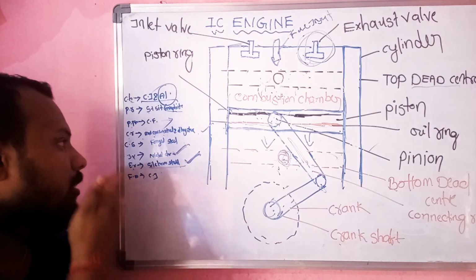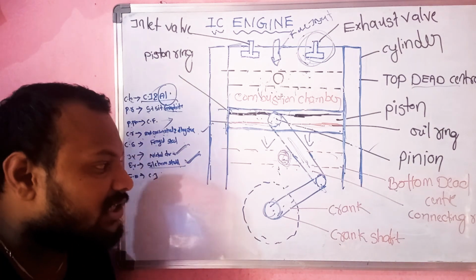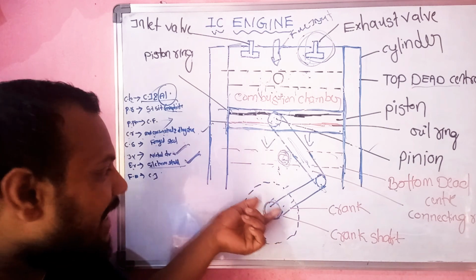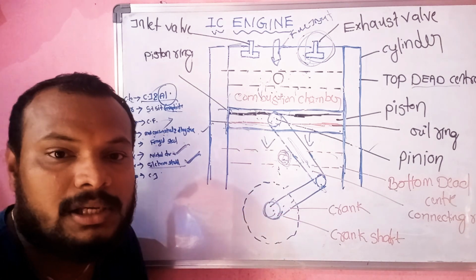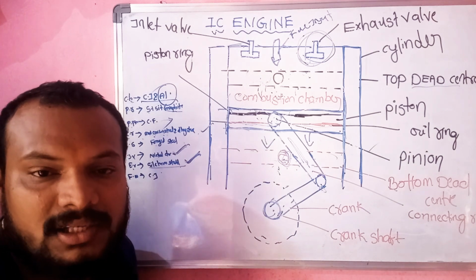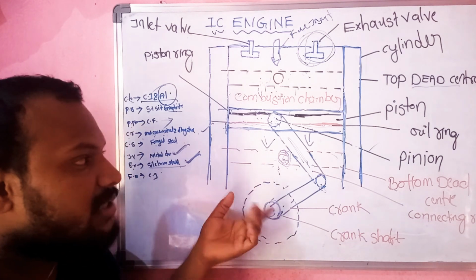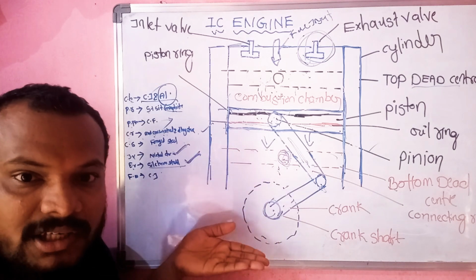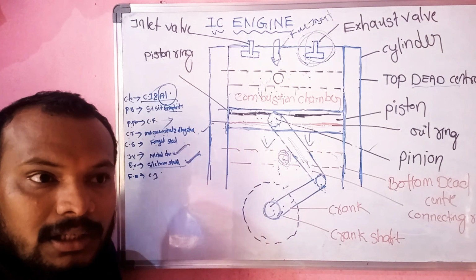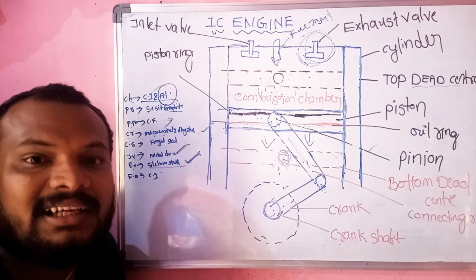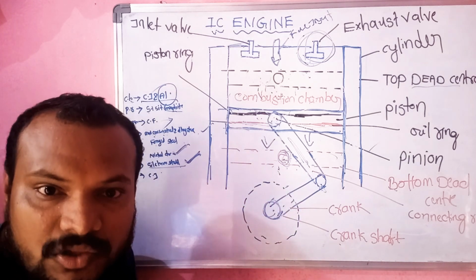Okay, next, the crankshaft. The crankshaft is made of forged steel. Forged steel is a very strong material. Why use a strong material? Because as the piston moves, the crank experiences tensile and compressive load.